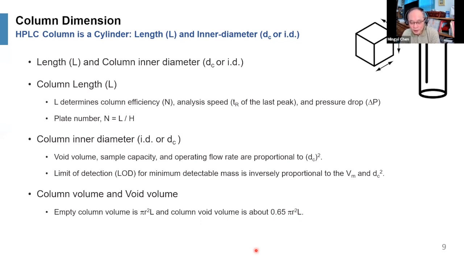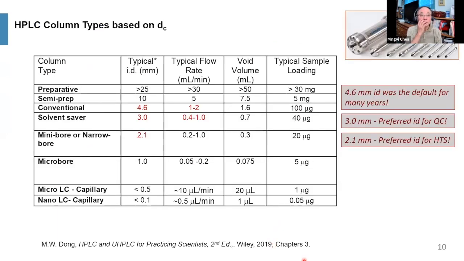About 35% of the column is solid silica particle which is not permeable to the liquid, right? And so approximately 65% of that column volume of the cylinder is occupied by the liquid, right? So that is the combined total of the interparticulate volume between the particle and interstitial volume inside the particle. There's a lot of liquid inside the particle.